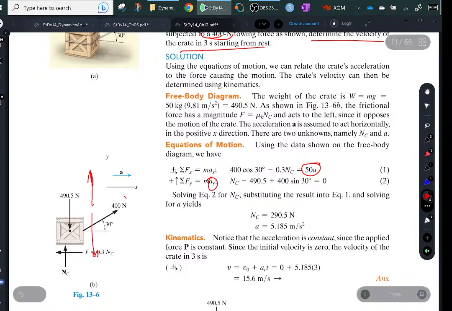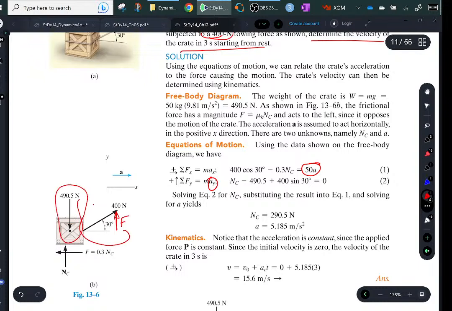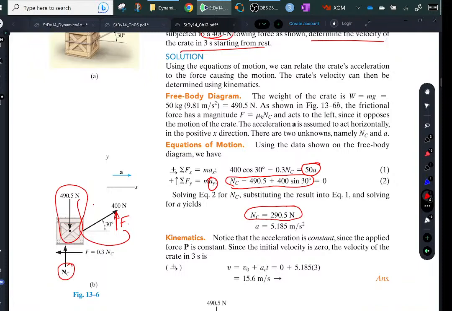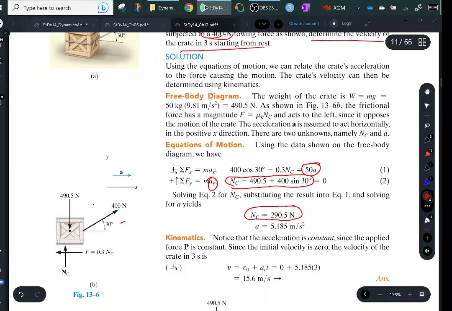It could, if you made this too high, jump off the surface, but that would be the case if this force were larger than the weight. And this would come out here as a negative NC, meaning somehow you pulled it too hard and leaped off the surface.